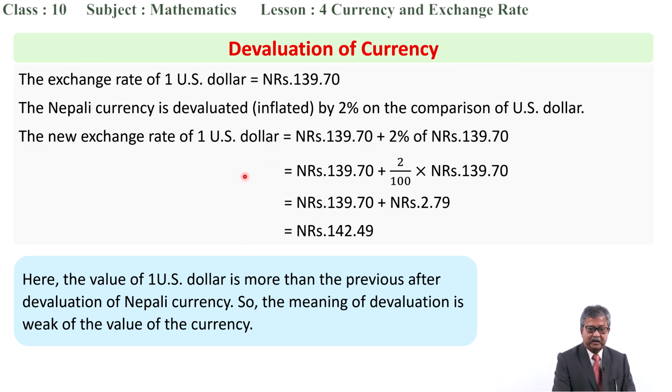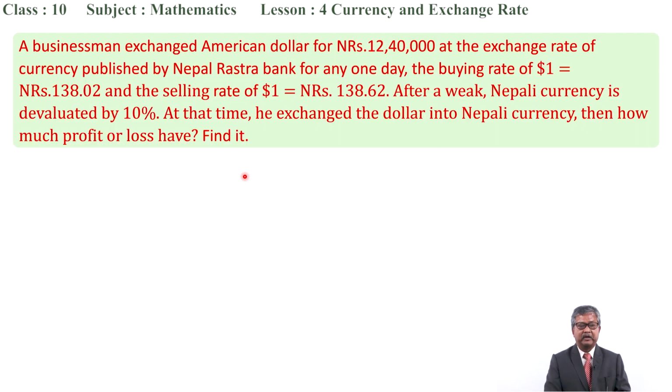Okay. Now we discuss one problem with devaluation. A businessman exchanged American dollars for Nepali rupees 12,40,000 at the exchange rate published by Nepal Rastra Bank for one day. The buying rate of $1 is equal to Nepali rupees 138.02 and the selling rate of $1 is Nepali rupees 138.62, and after a week Nepali currency is devalued by 10%.